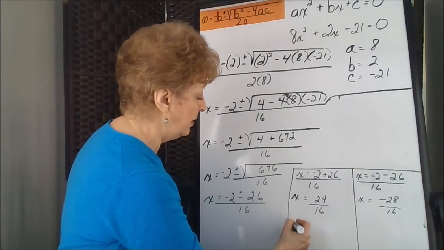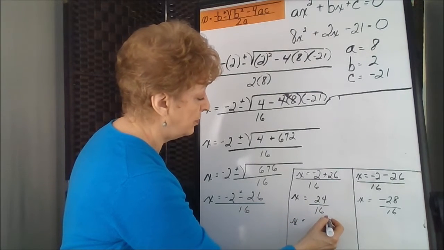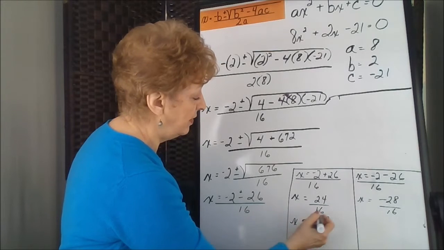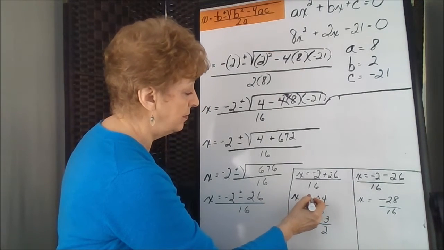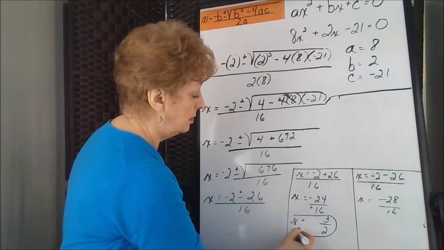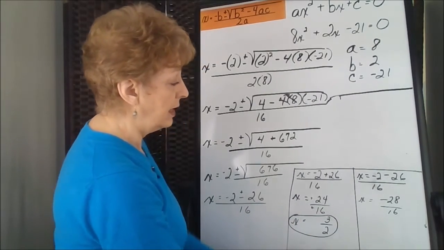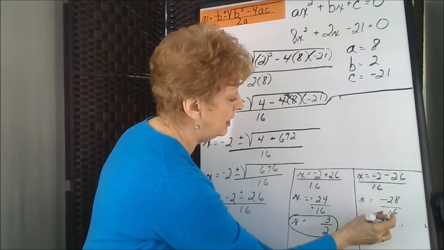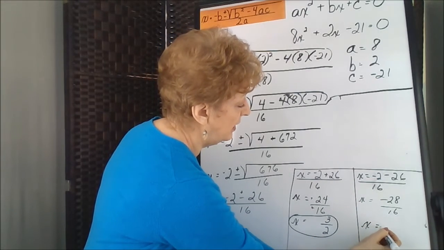I'm using my divisibility rules. 8 divides into 24 3 times, and 8 divides into 16 twice. Both of these are positive, so we have a positive 3 halves. In this situation, there's one negative and a positive, so the signs are different. In this case, we're going to have a negative.